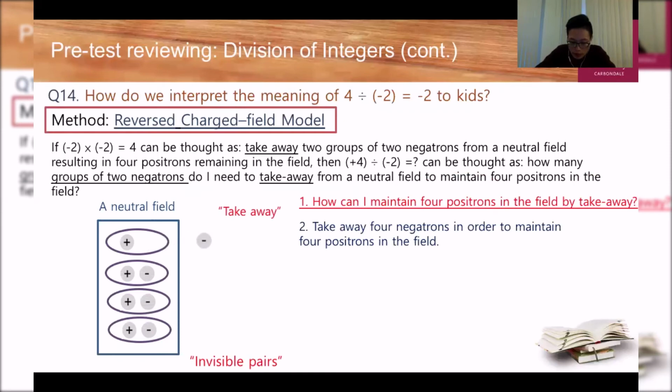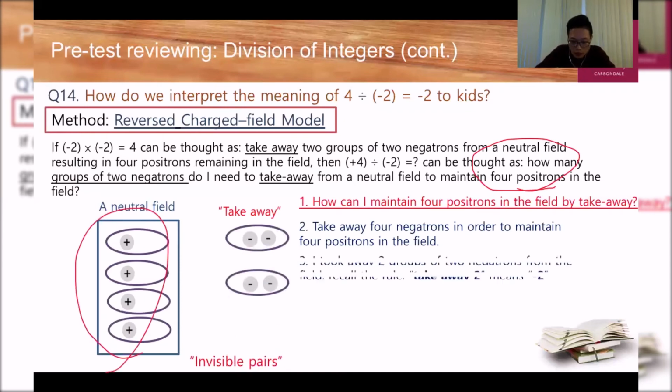And I will take away 4 negatrons from the field in order to maintain 4 positrons. That's what the question asks us to do, right? So I already took away 4 negatrons from the field and 4 positrons remain in the field.